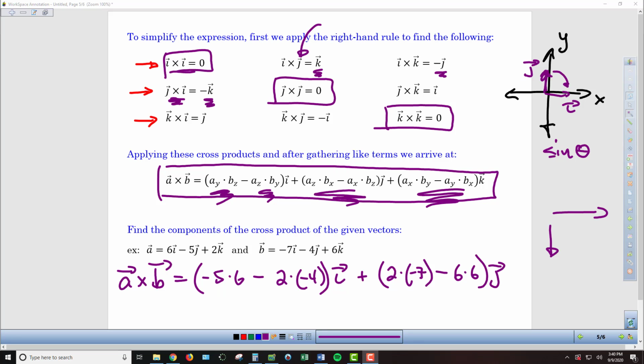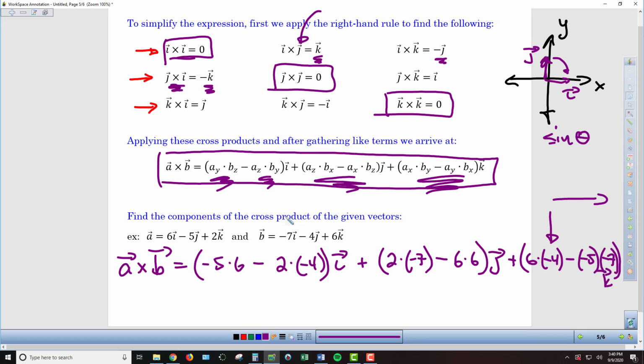And then we can do the same thing for the k component. So I've got ax, which is 6, times by, which is negative 4, minus ay, negative 5, times bx, which is negative 7. And then we'll sneak in a k there.